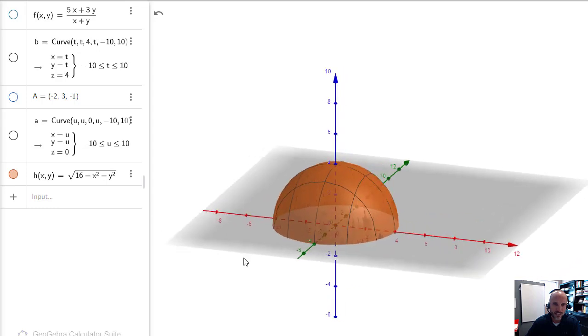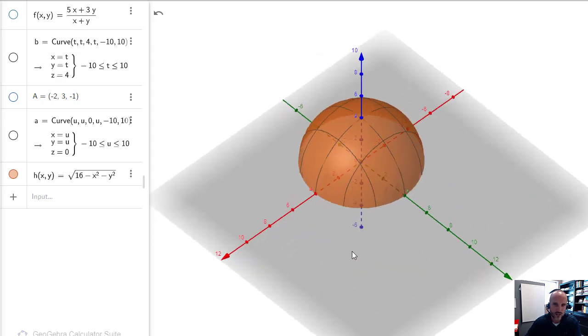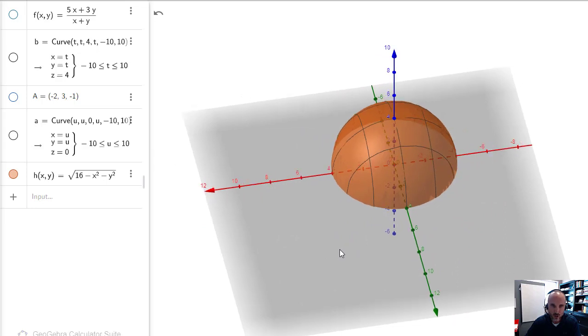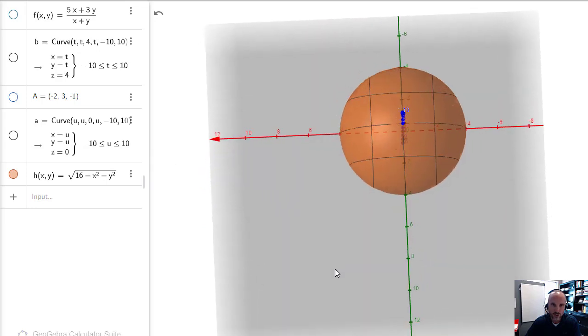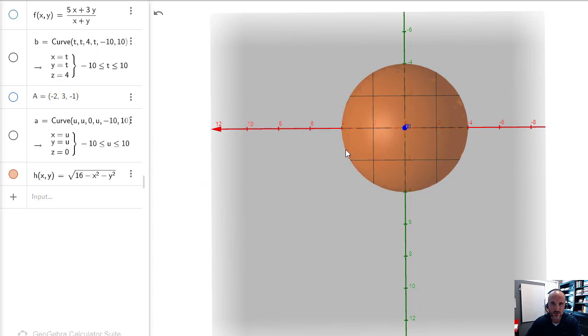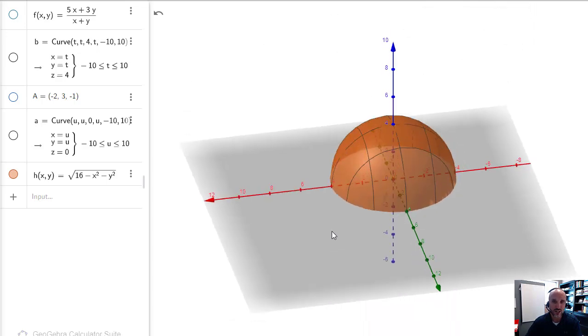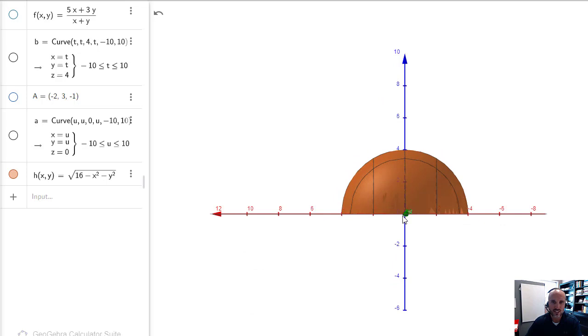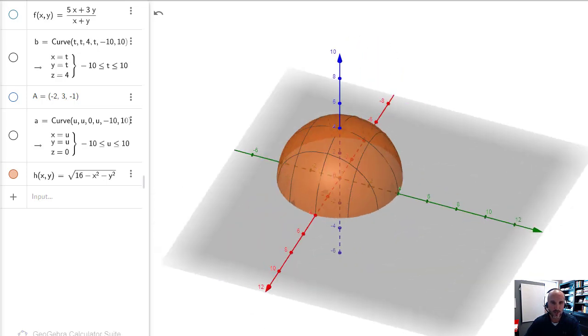And our domain is in the xy plane. If I look down at the xy plane, you can see it's our circle centered at the origin of radius 4. That's our domain. Our range is the z values. You can see there the z values run from 0 up to 4, just as we anticipated. Okay.